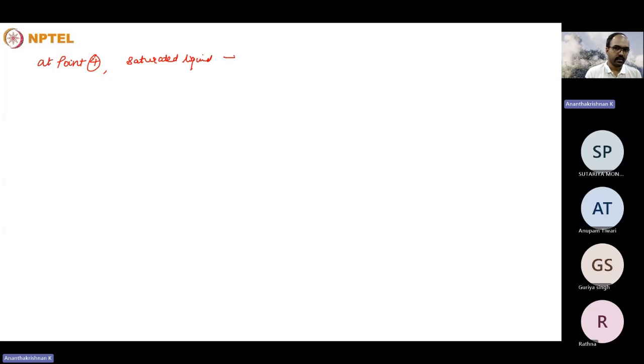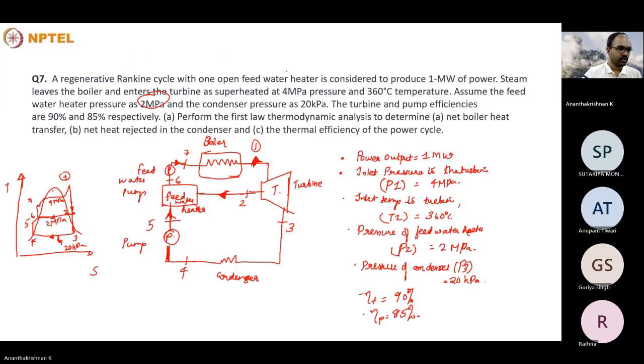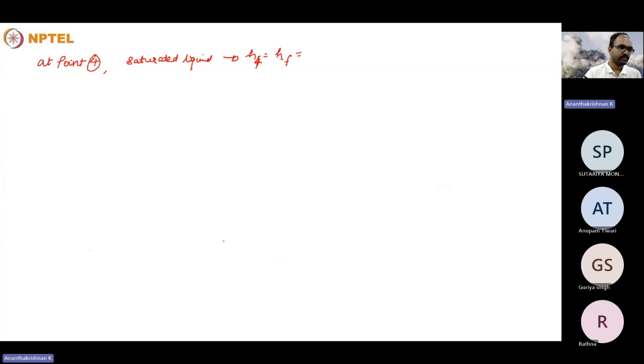So the enthalpy will be equal to enthalpy of the fluid at the pressure 20 kilopascal. Its value will be equal to 0.4684 kilojoule per kg.